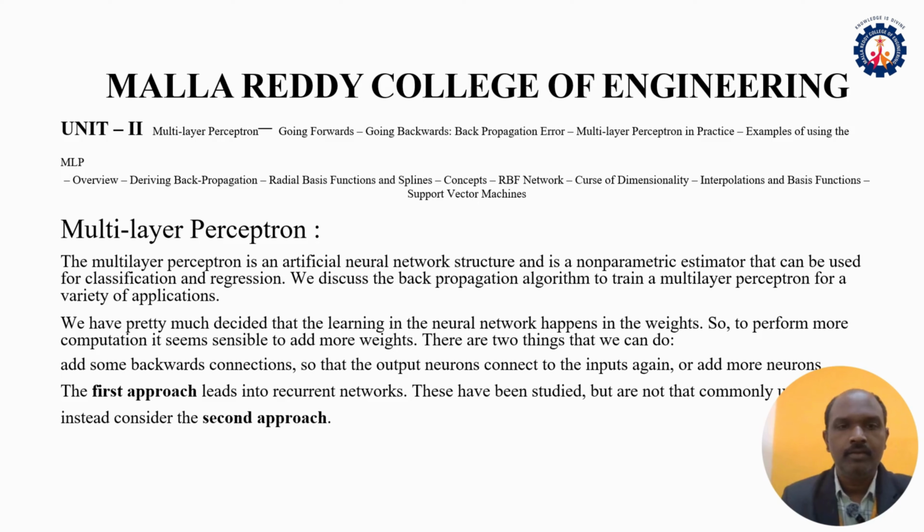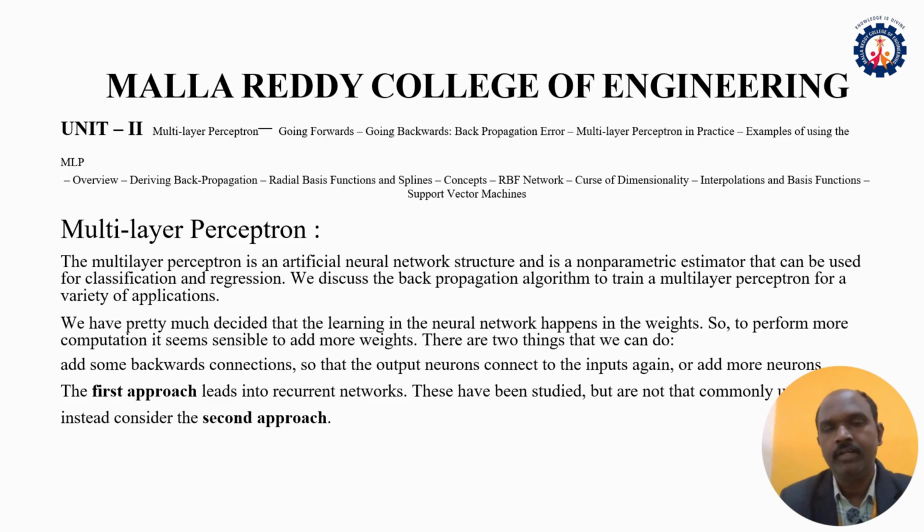So for the first scenario, learning in the neural network happens in the weights. If you want to apply any kind of algorithm, we have to identify the weights of the particular data sets, and then some backward connections we can also identify, so that output neurons are connected to the input again.